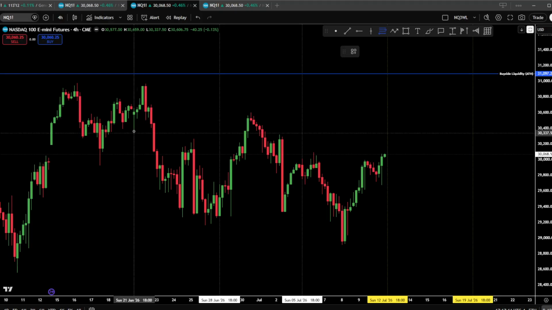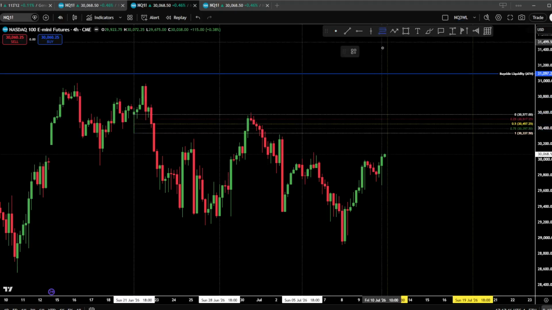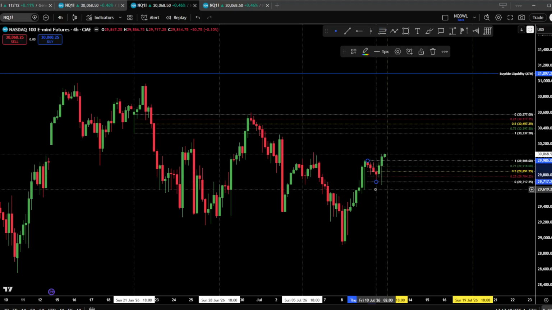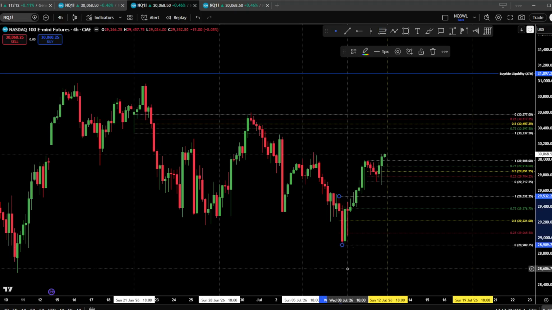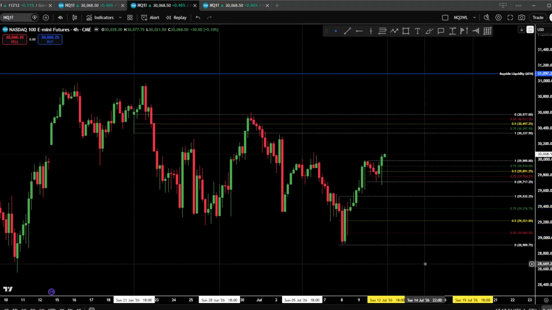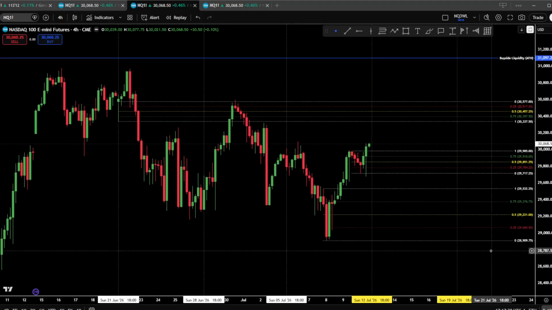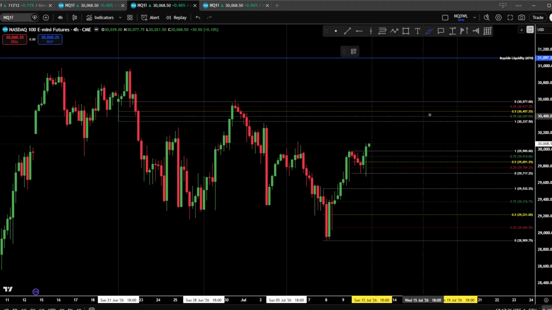Okay, so we have our premium level, we have our level at 50% of the range, and we have our level in discount, right? These are levels that are important to have marked out all throughout the week. Very likely the low or the high of the week will be forming around one of these.